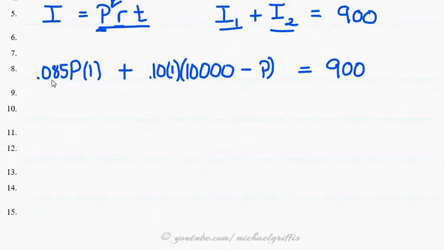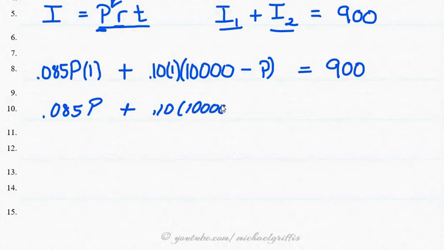So let's try to clean this up. So this is going to be 0.085 times P plus 0.10 times 10,000 minus P is equal to 900.